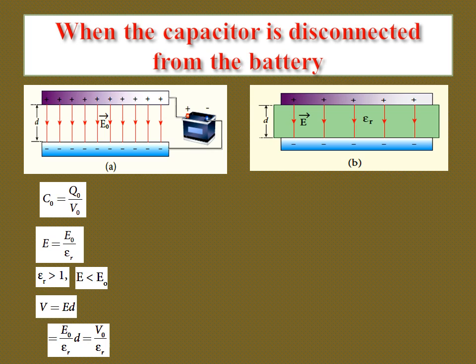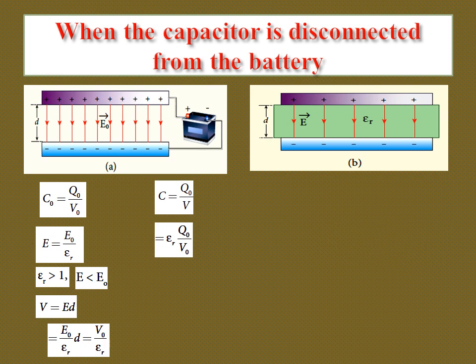Okay. Now we see that the capacitance is inversely proportional to the potential difference. So therefore what happens? When V decreases, C increases. Thus the new capacitance in the presence of dielectric is given as C equal to Q0 by V. Okay.